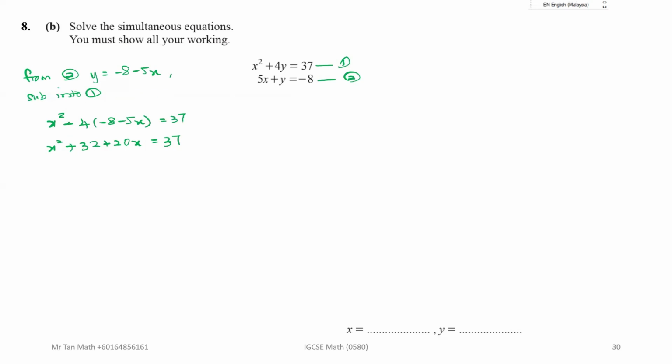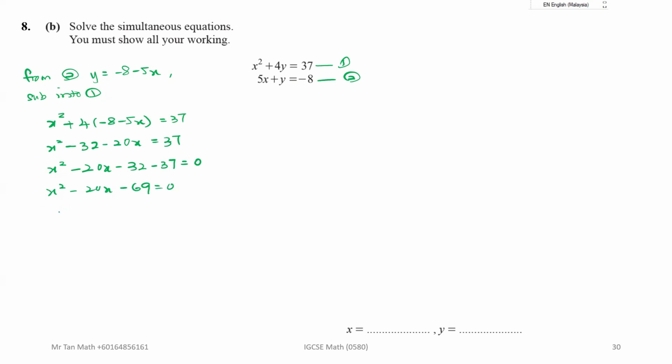Sorry, this should be minus. So we arrange here: x squared minus 20x minus 32 minus 37 equal to 0. So x squared minus 20x minus 69 equal to 0.